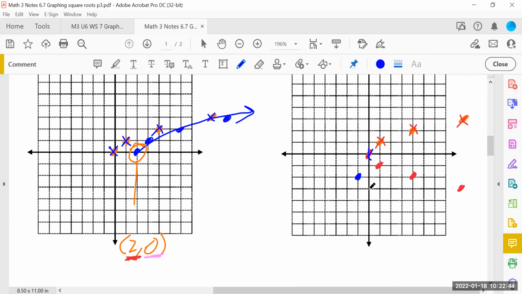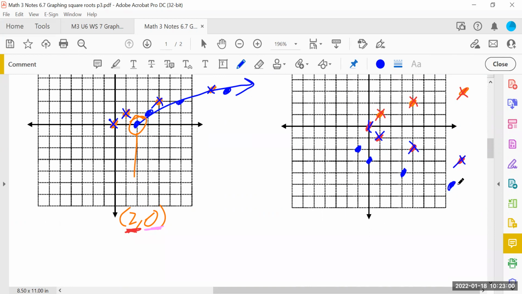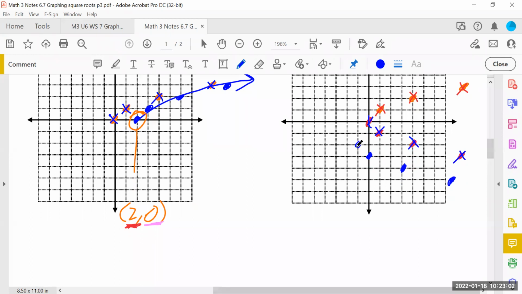Left 1, down 2. Cross off the point. Left 1, down 2. And left 1, down 2. There it goes. Connect those dots.